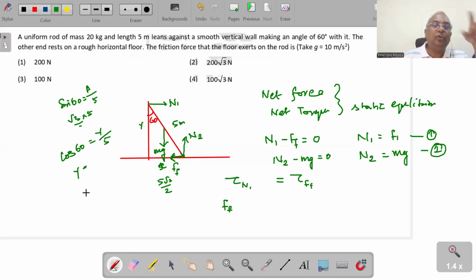So cos 60 is y by 5, and cos 60 is 1/2, so y will be 5/2. This data is 5/2. In the force, the perpendicular distance is 5/2.